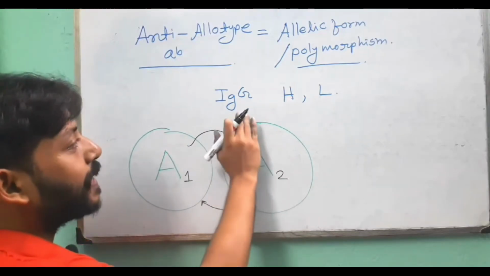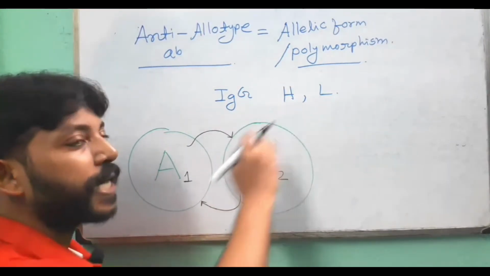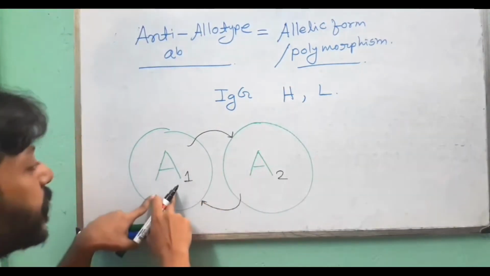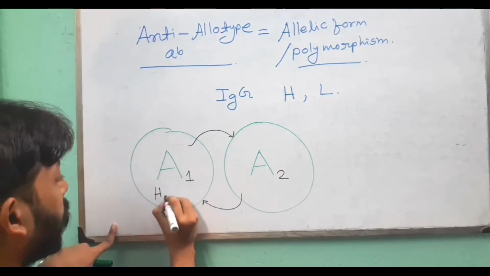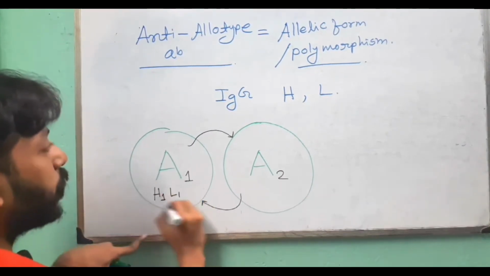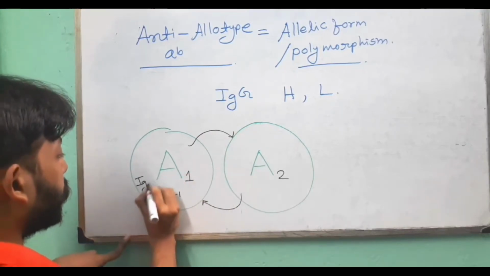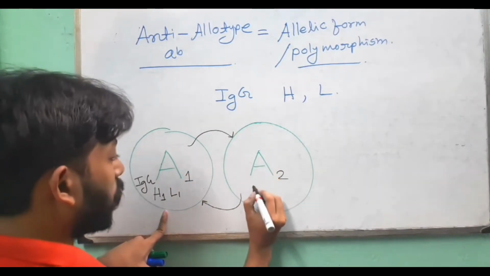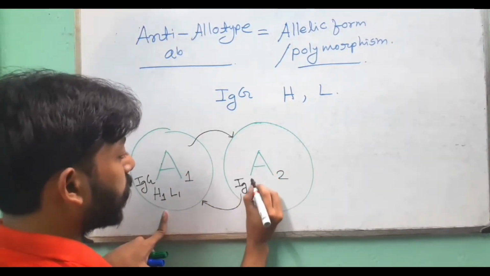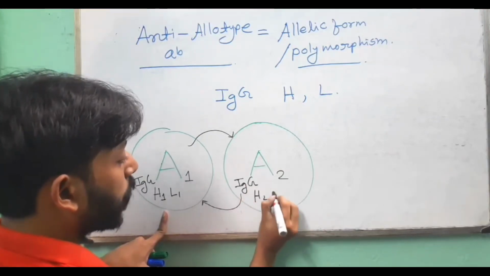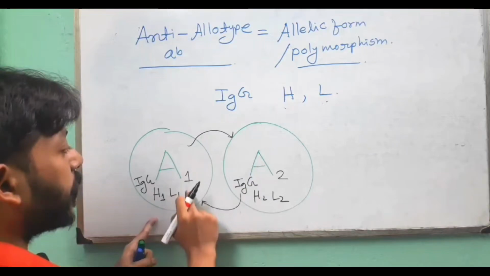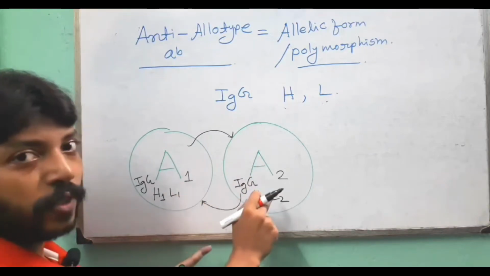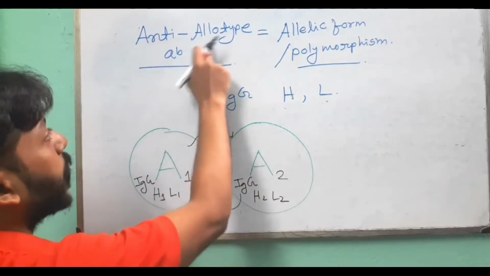Let's assume this IgG antibody is composed of heavy and light chain. Maybe this A1 individual has H1 L1 type of antibody IgG, and this A2 has IgG but the H2 L2 variant. And if we transfer the antibody, then the individual will develop anti-allotype antibody.